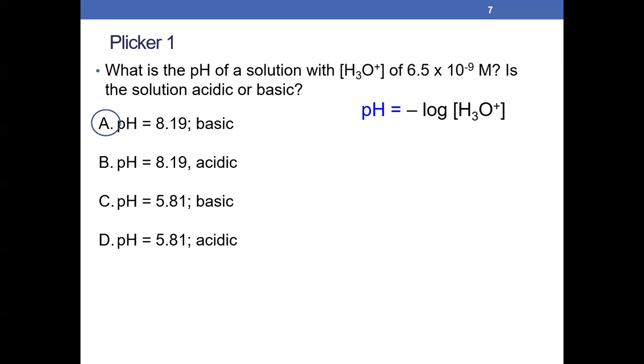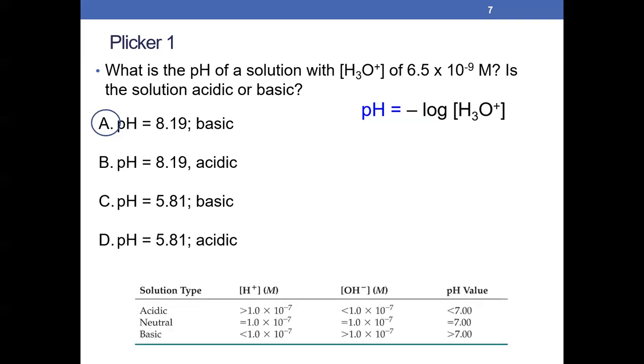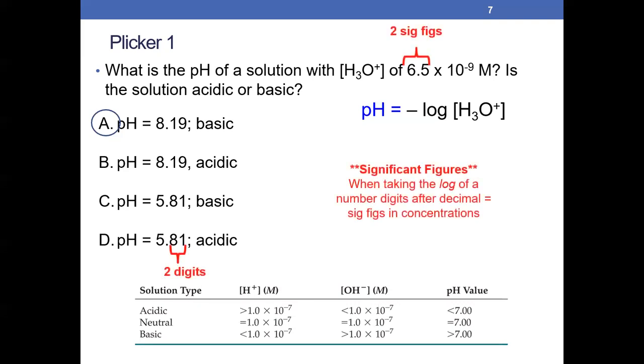So just a quick aside about sig figs. Once we start incorporating logarithms, our analysis of significant figures changes a little bit. We're given 2 significant digits in our concentration of H3O plus.